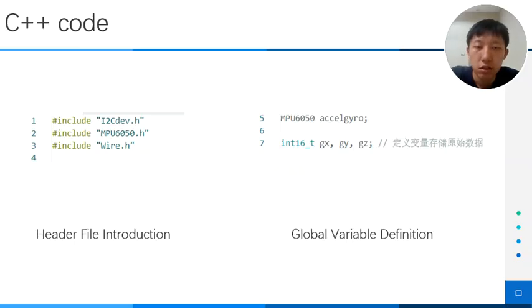In the global variable part, I created an MPU6050 object, gyro, and later call the functions of the gyroscope through this object. I also defined variables gx, gy, gz of type int16 to store the original data of the XYZ axes of the gyroscope.